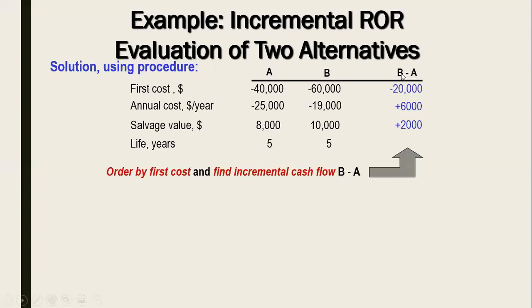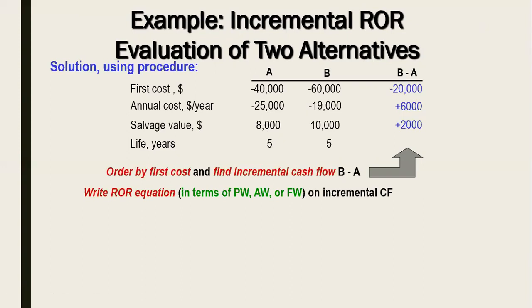Now the next step will be to write the ROR equation in terms of present worth, annual worth, or future worth on the basis of incremental cash flows. So this is the present amount and these are future amounts. So 0 is equal to minus 20,000 plus 6,000 times the P over A factor for the incremental rate of return, which is unknown, and the number of years is 5.